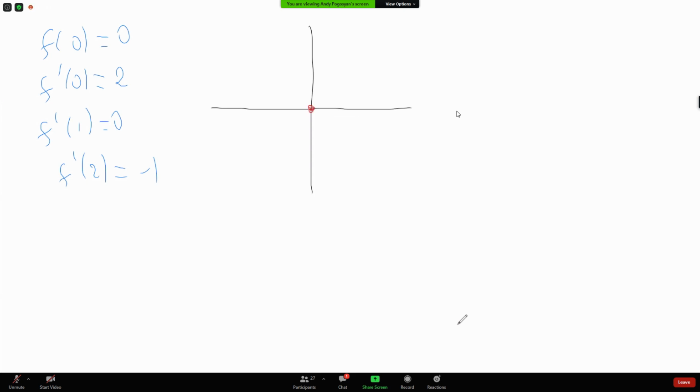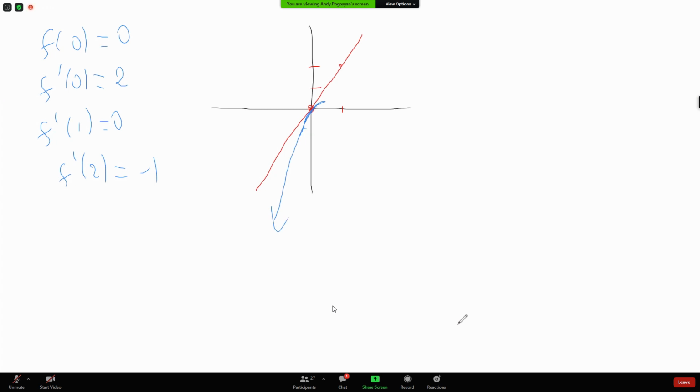So we have derivative is 2 at 0. 2 means the slope of the tangent line is 2, so 1 to the right, 2 up. So that's the point. If I draw the line, it should be the tangent line at 0. So that means my graph touches something like this. And because to the left we have nothing, I can draw this part so it can go like that.